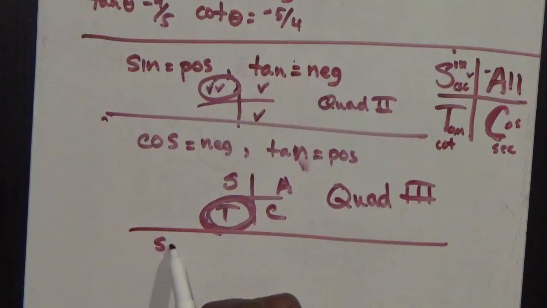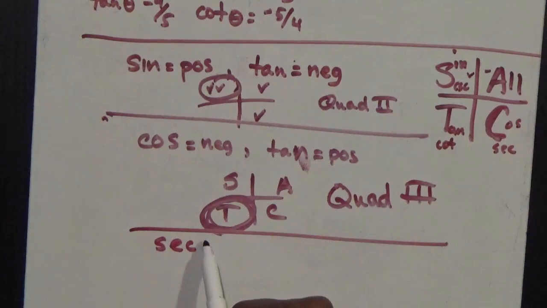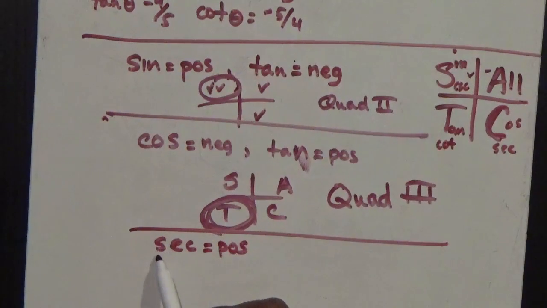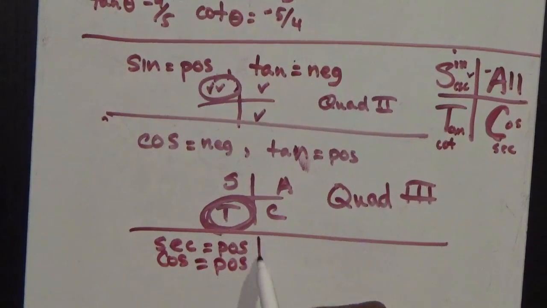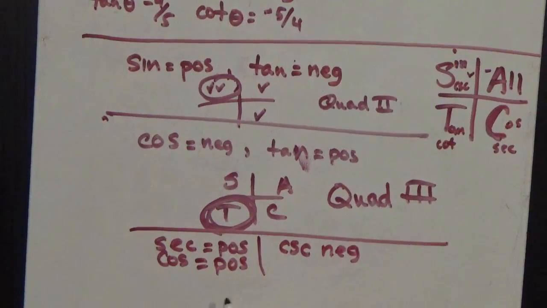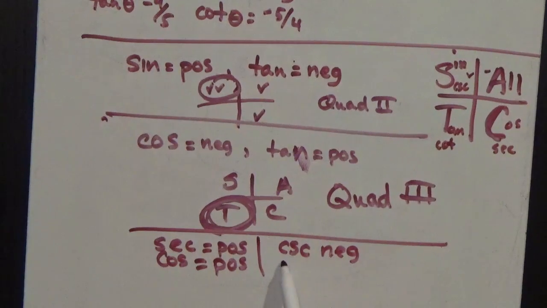Where secant is greater than 0, so where secant is positive is the same place where cosine is positive. And where cosecant is negative, it says less than 0, so that's where sine is negative.